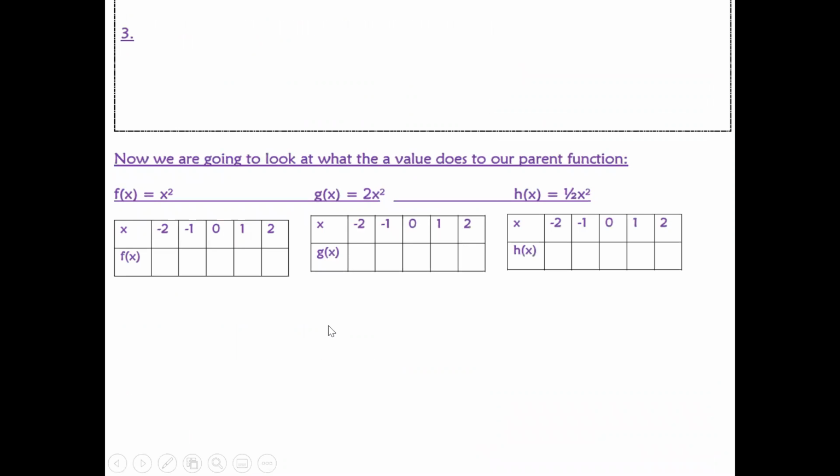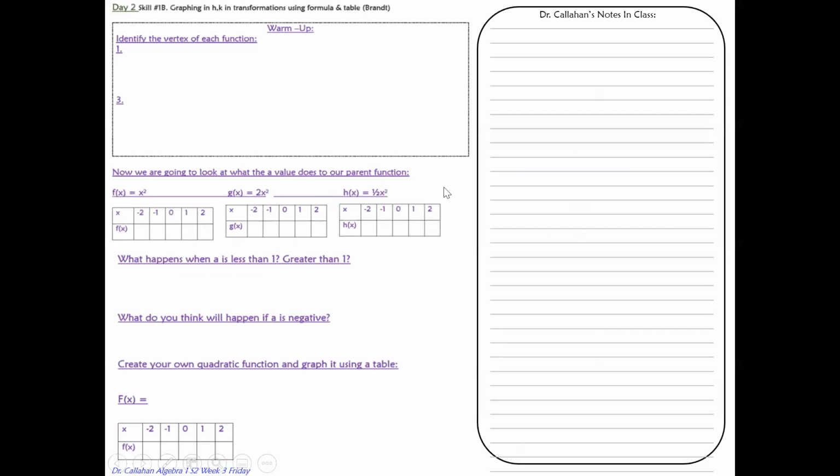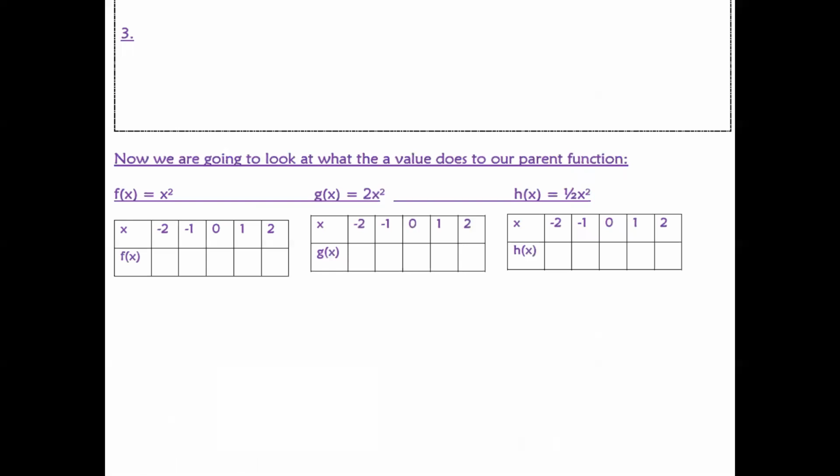Okay, first thing I'm going to do is look at what the a value does with the parent function of y equals x squared. So looking at this part right here, let's plug the numbers in.